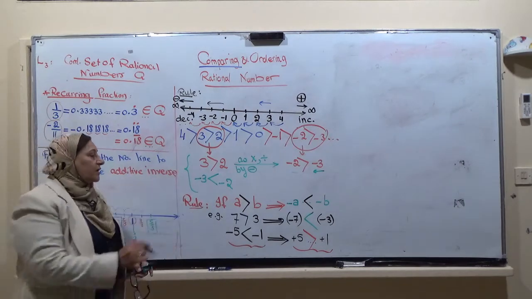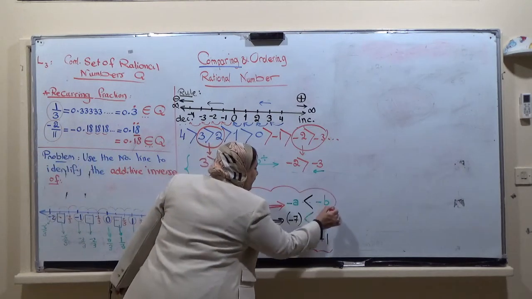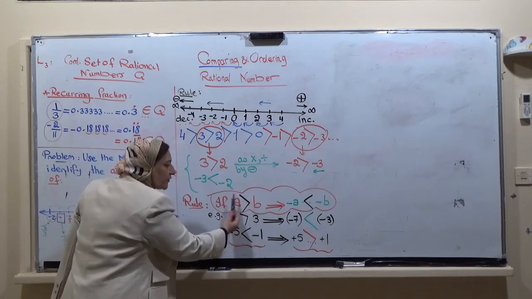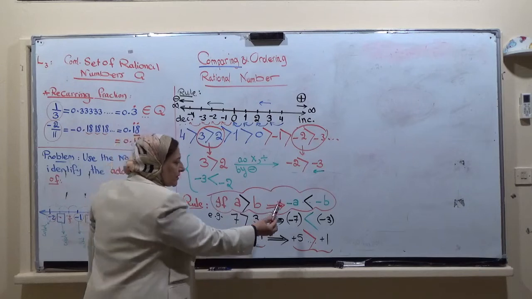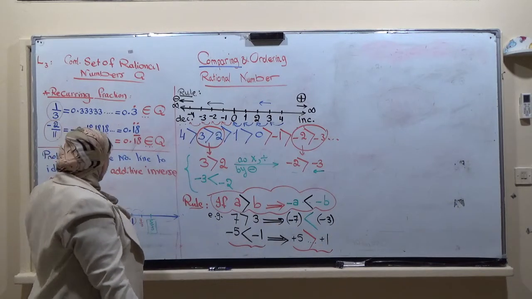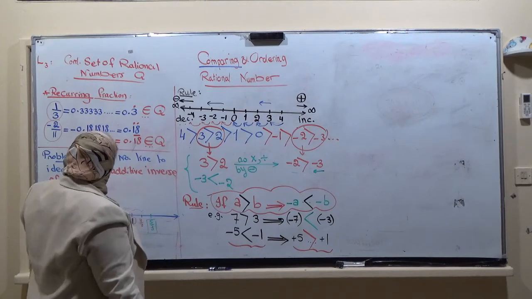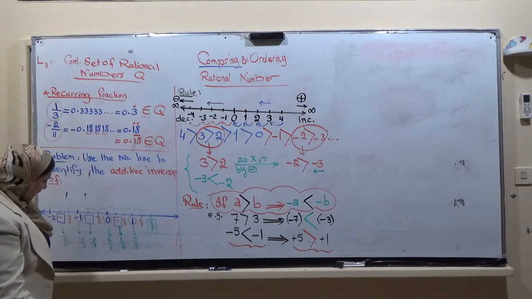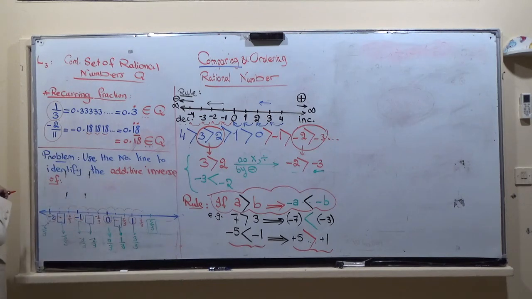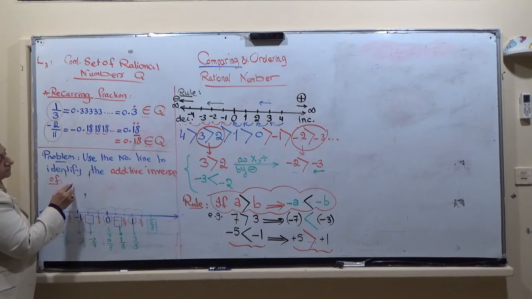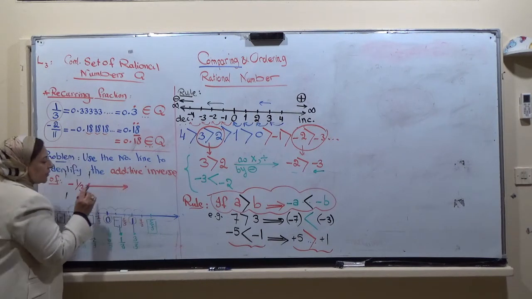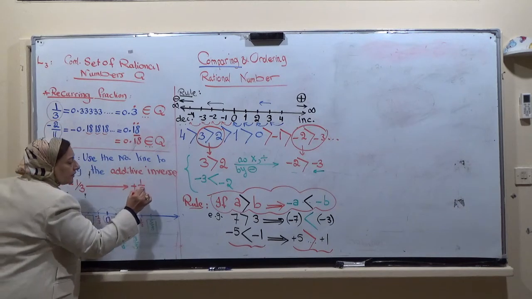So this is the rule. This is an important rule. Take care about this rule. If a number is greater than another, then its additive inverse is less than the other's additive inverse. The additive inverse means change the sign. I forgot to tell you about the additive inverse. Of -1/3, its additive inverse is +1/3.